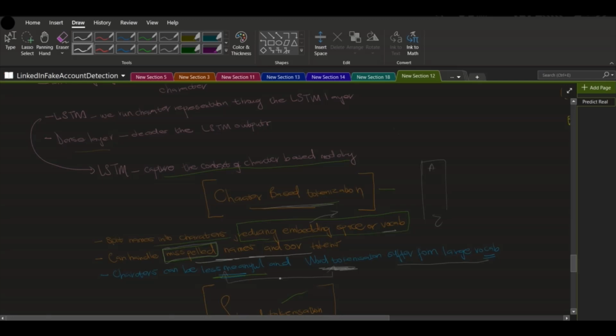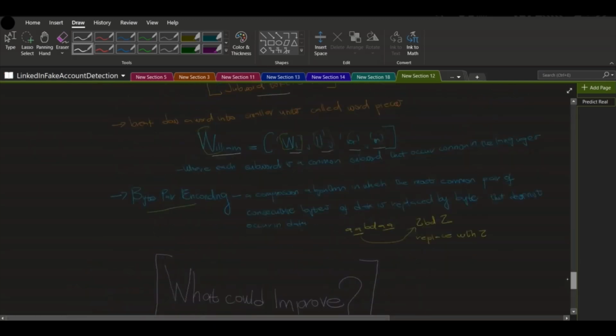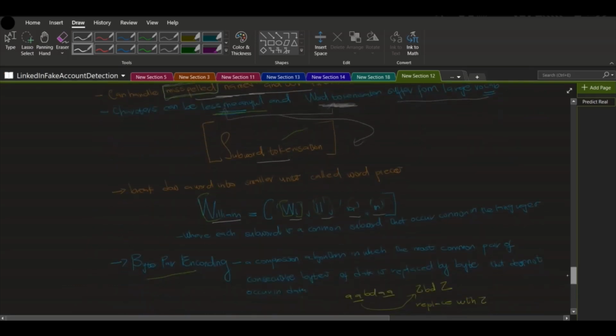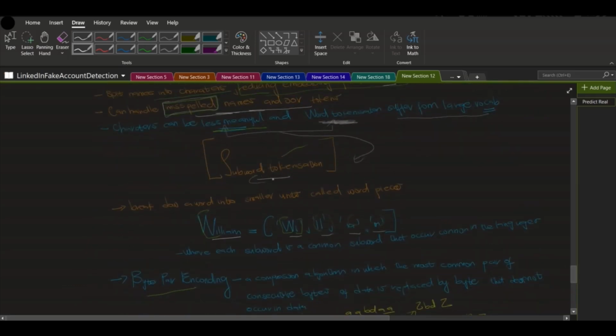Because of this, I've decided to go with subword tokenization. You can think of subword tokenization as breaking down the word into small pieces called word pieces. So we have a name like William and we break it down into W-I-L-L and I-N.